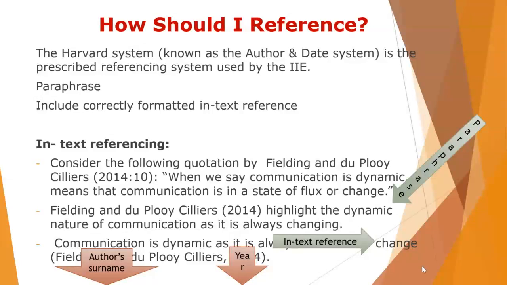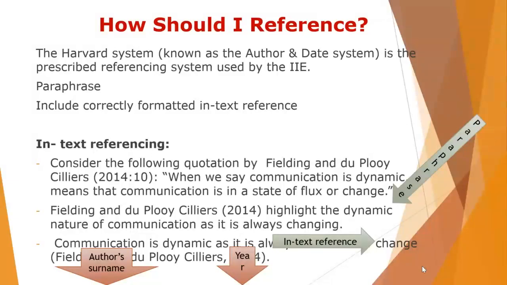In both examples, I paraphrased, meaning I took Fielding and Du Plooy-Cilliers' idea and put it in my own words. But in both examples, my in-text reference only has the authors' surnames and the year of publication.